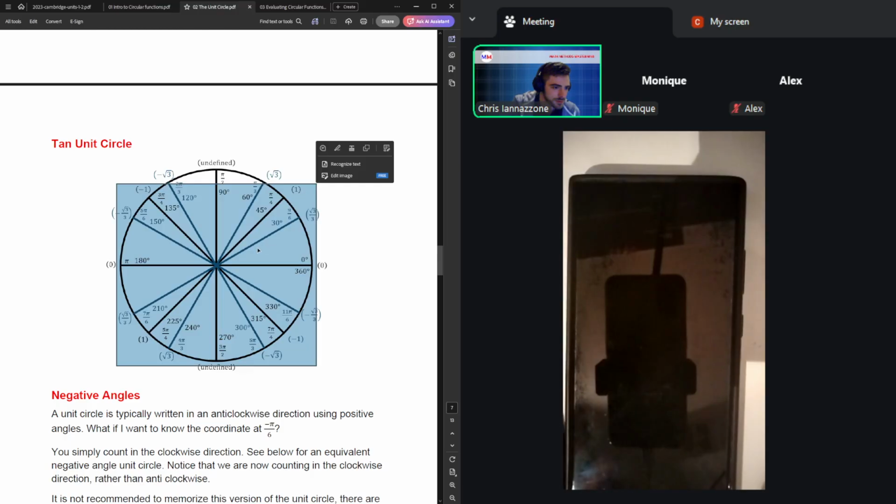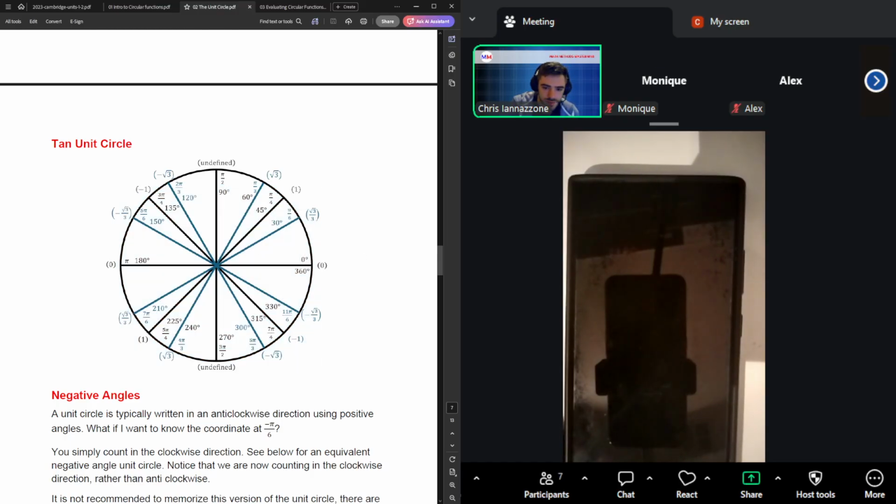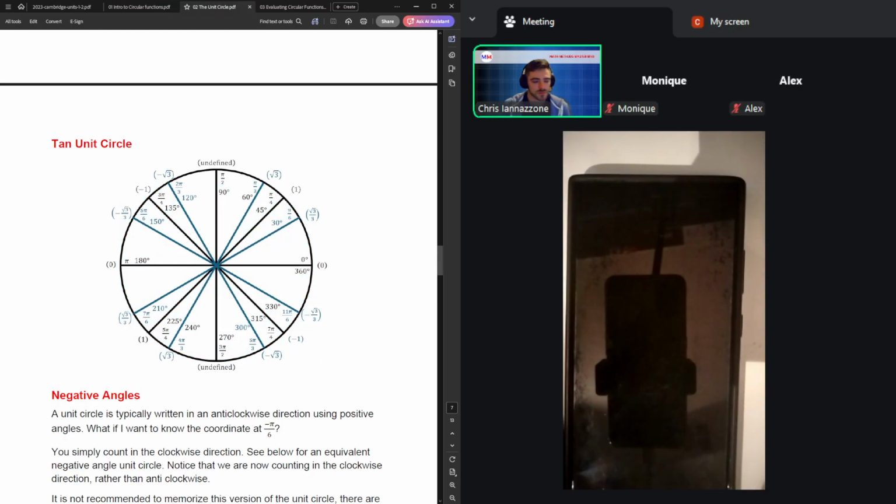This I made myself, the tan unit circle, because you do need to know your tan values. Again, you can just calculate your tan values no matter what, should you decide not to memorize them. But if you do want to memorize them, here's probably the best way I could think of. At least this is what I do now to memorize my tan values.